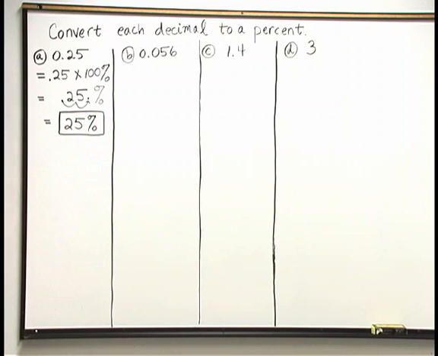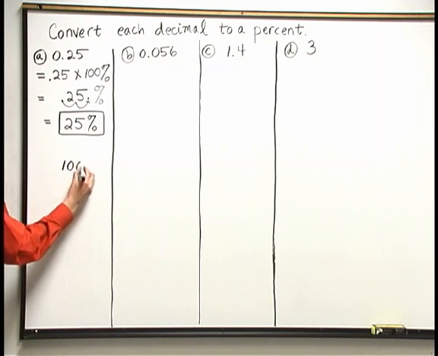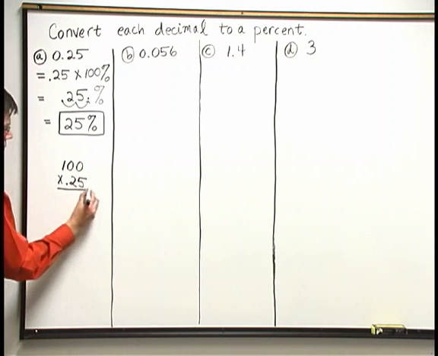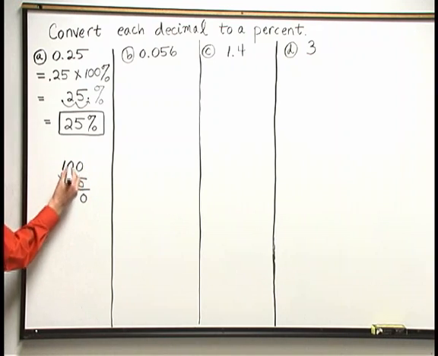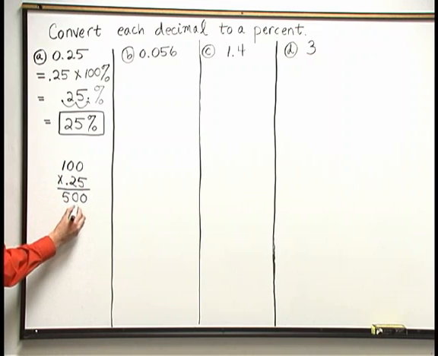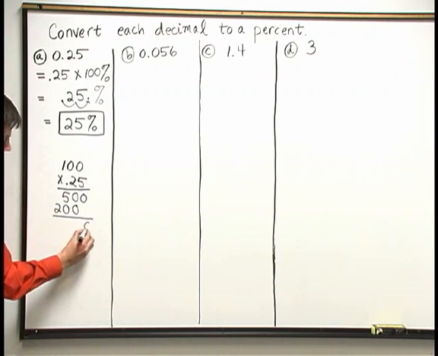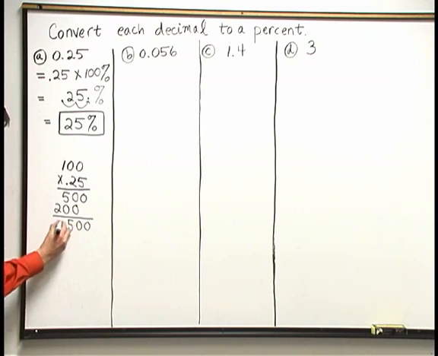Now, if you don't like the shortcut way for multiplying by 100, you can also multiply the long way. You can take 100 times 0.25 and go through the decimal multiplication process. 5 times 0 is 0, 5 times 0 is 0, 5 times 1 is 5, 2 times 0 is 0, 2 times 0 is 0, 2 times 1 is 2. I get 0, 0, 5, 2 here. And then I need to figure out where the decimal point goes in my answer.